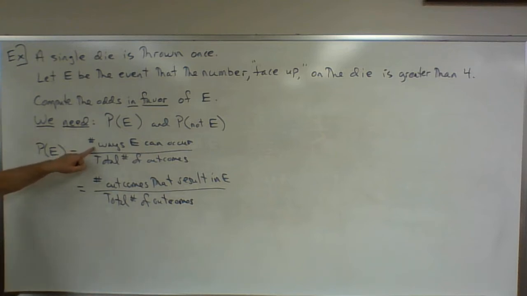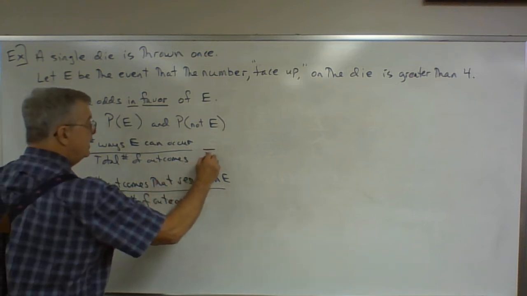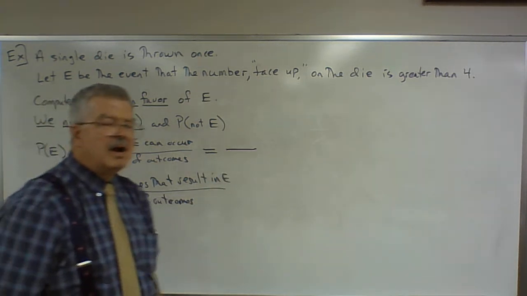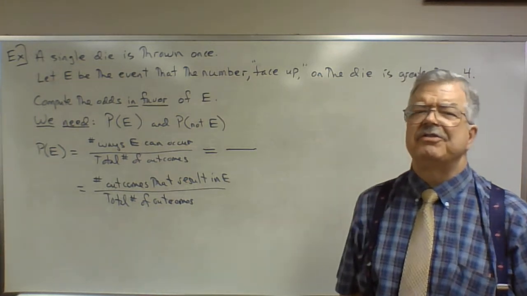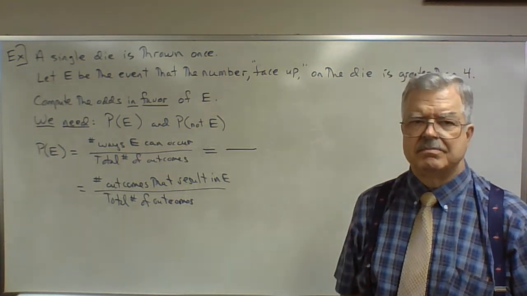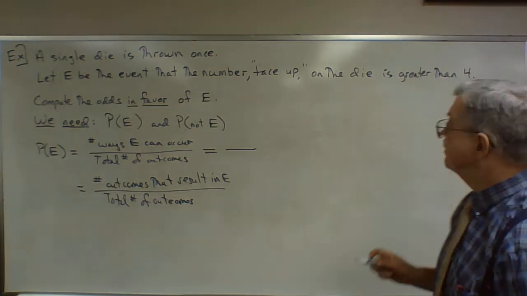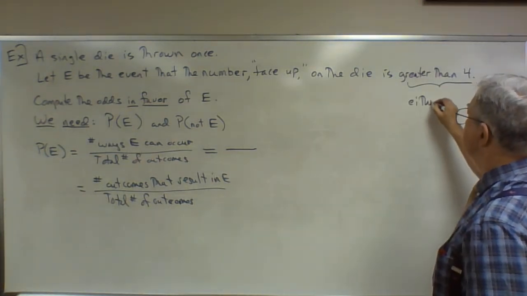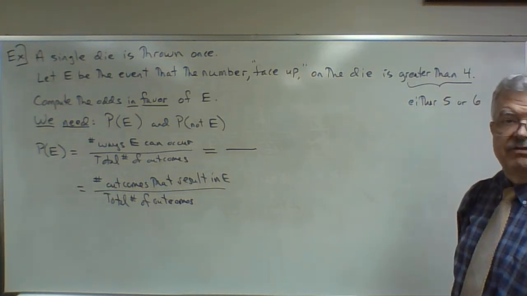The total number of ways that E can occur, or the total number of outcomes that result in E. How is it that if we toss a single die, we can get a number that's greater than 4? Well, we either get a 5 or we get a 6, right?